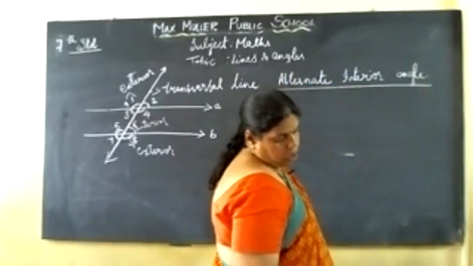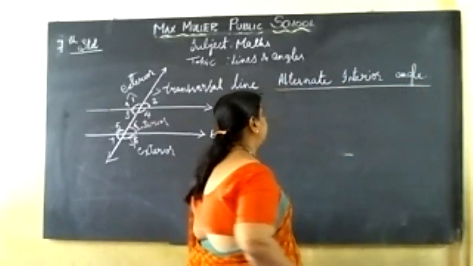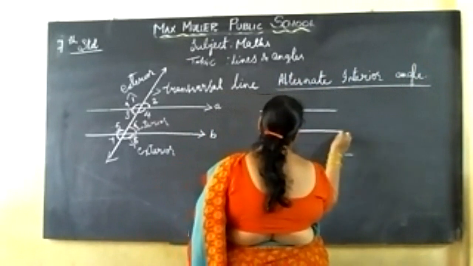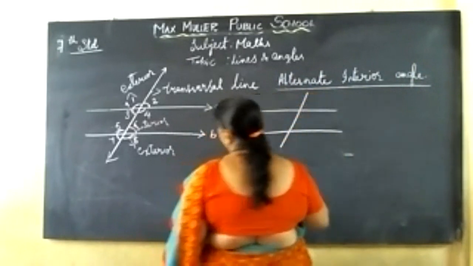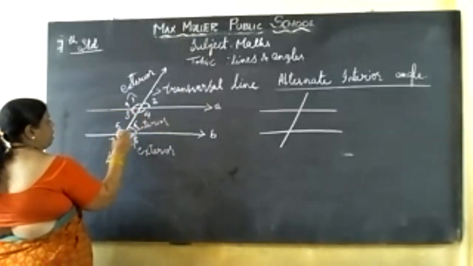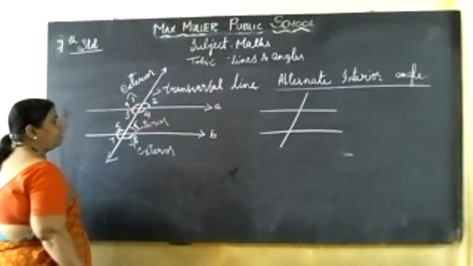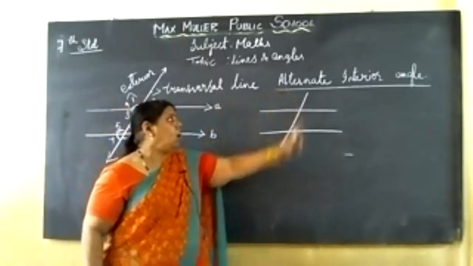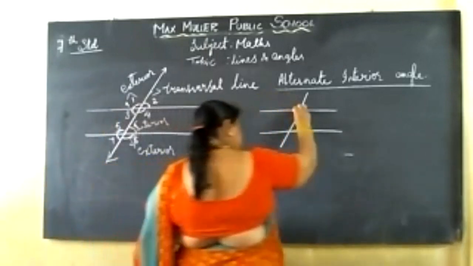Okay, alternate interior angle. What I showed there, interior angle, see, 3, 4, 5, 6 is interior, isn't it? They're asking you alternate. Alternate means opposite.